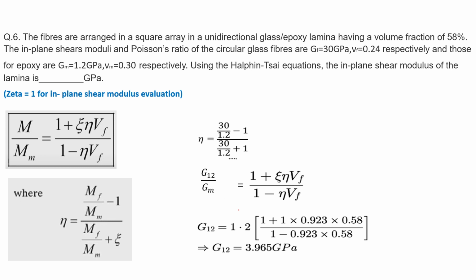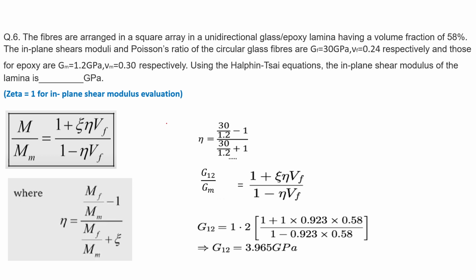But when they tried to solve those equations for the transverse values, they saw that those values were not equal to the experimental values. So in that case, semi-empirical formulas like Halpin-Tsai were used to find the transverse properties. One example is this question, where they are asking, by using the Halpin-Tsai equation, we have to find the in-plane shear modulus of the lamina.